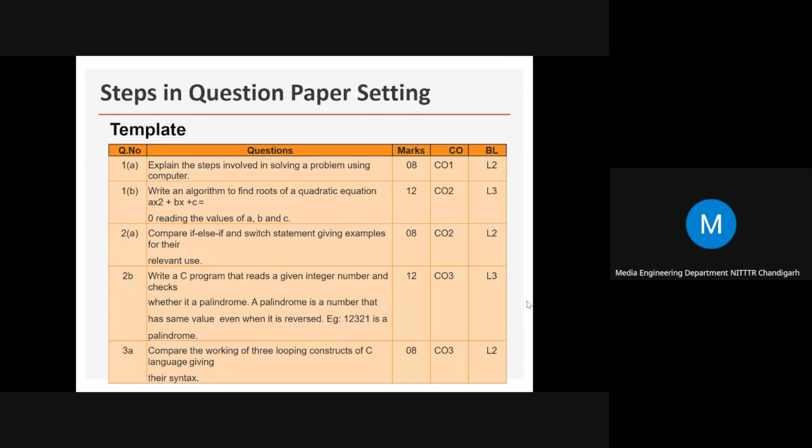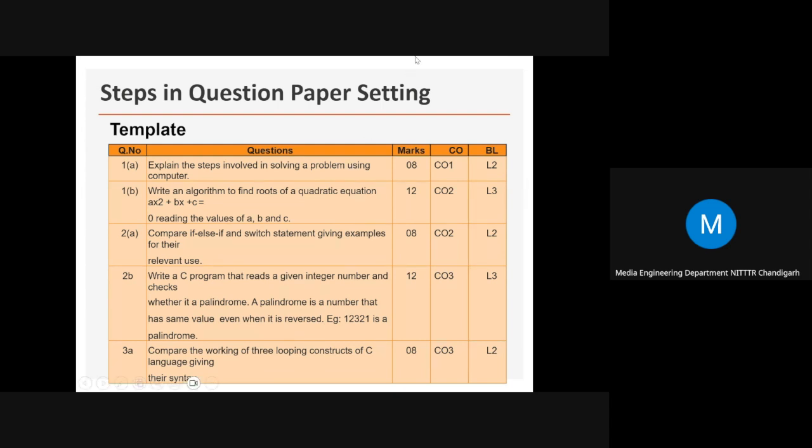That is another way of approaching question paper setting, so you can refer to that. But it is suggested that while writing the questions, we can have the section-wise marks, and we can write the COs to which that question is mapping. We can even write the Bloom's taxonomy level which is related to that question.